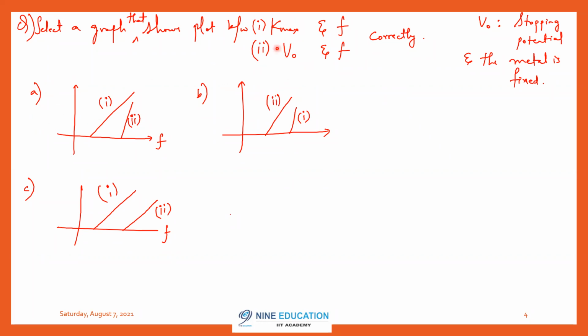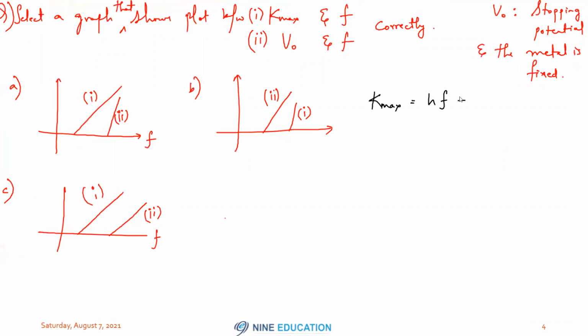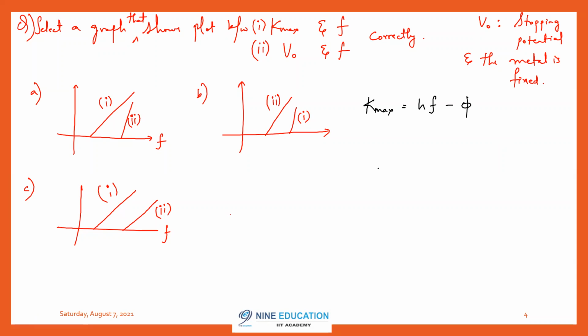So first write the equations. Write the equations for Kmax and frequency. What is maximum kinetic energy? That is equal to HF minus work function. This is the equation.